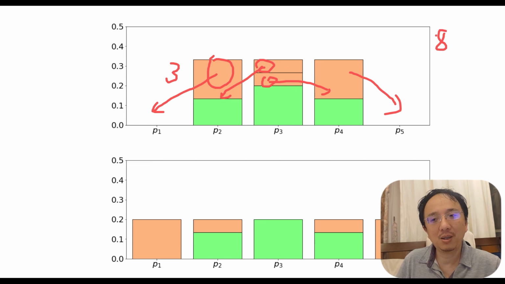So there may be different ways to achieve the minimal cost, but the minimal cost is a value that we can use as a measurement of the differences between these two things. This is kind of like the edit distance between two strings, if you have heard about it.